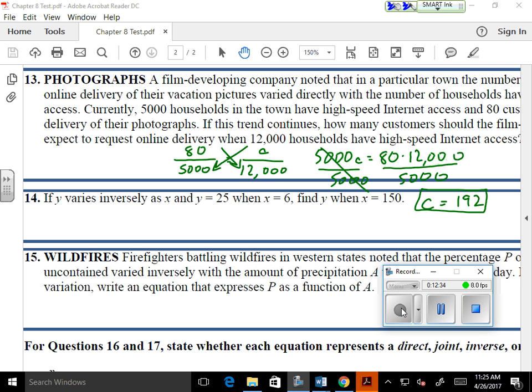Number 14, y varies inversely as x. So y is equal to k over x. That means k is equal to y times x, in both situations. And the k is the same in both situations. So if k is equal to y times x in y1 and x1, and k is also equal to y times x in y2 and x2, then we can set them equal to each other, because they're equal to the same k value.